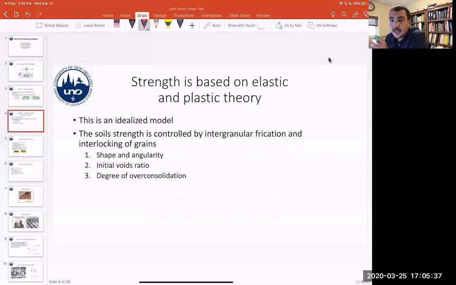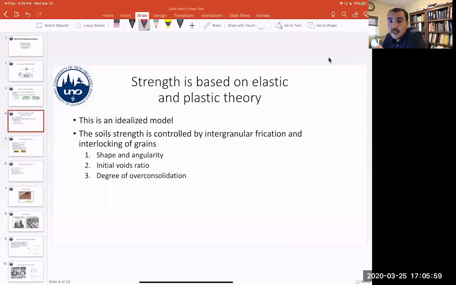So it's an ideal model, and we mentioned this at the first class, that in soil you're trying to simplify the problem so you don't have too many unknown or non-linear relationships that you cannot quantify. So this is a simplified, 1D model.